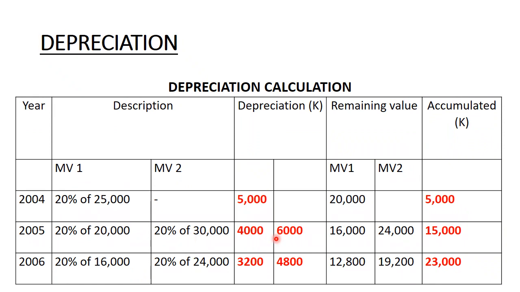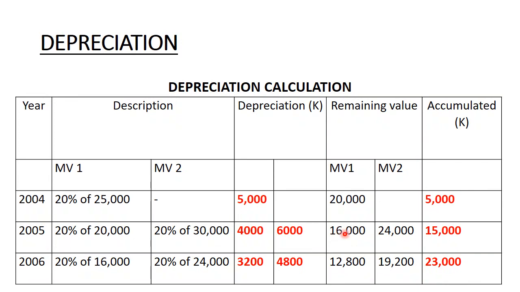Total depreciation is 10,000 plus the one for the previous year, 2004. So this 10,000 plus 5,000, we record it as the accumulated, meaning that it is increasing. In 2004, we had 5,000. In 2005, we have 10,000. So 5,000 plus 10,000, 15,000.